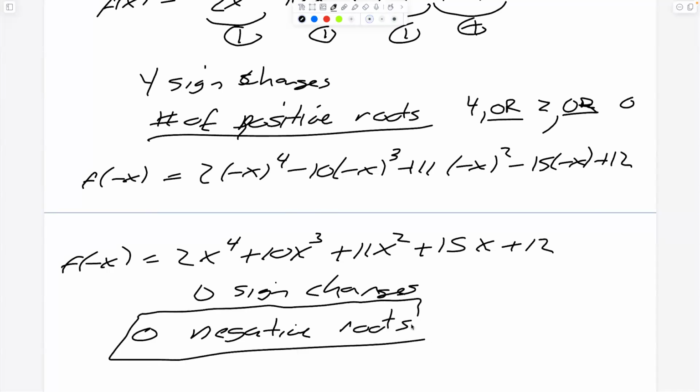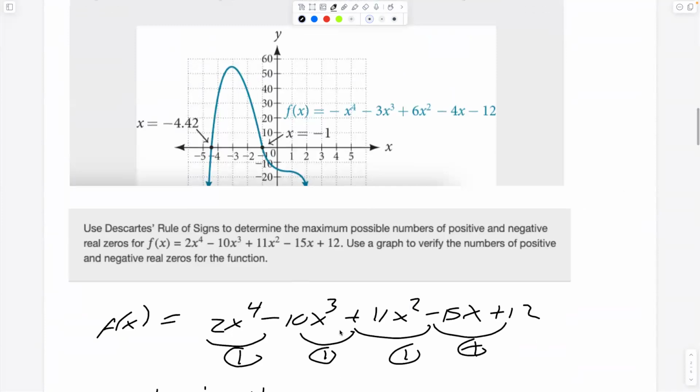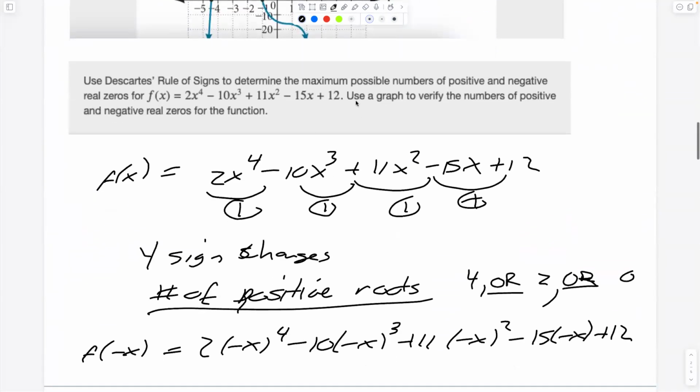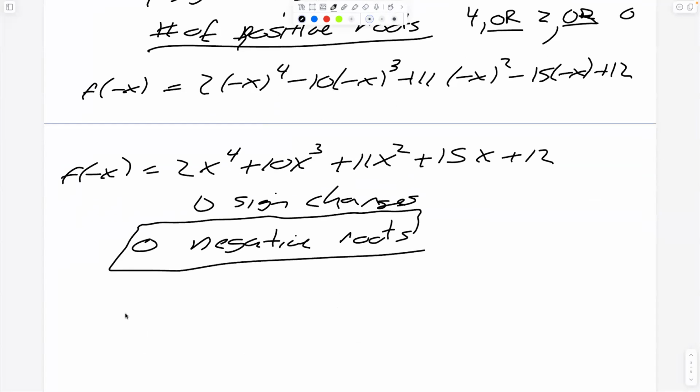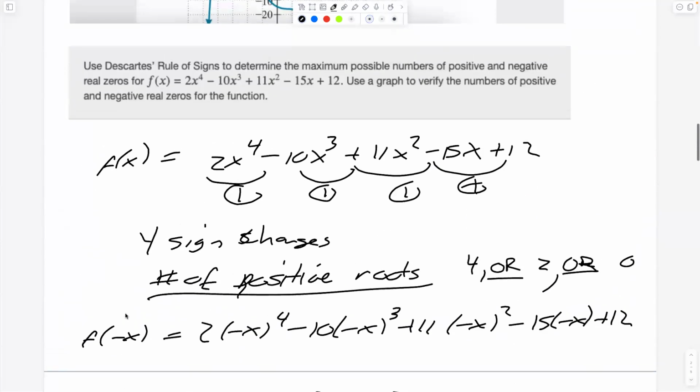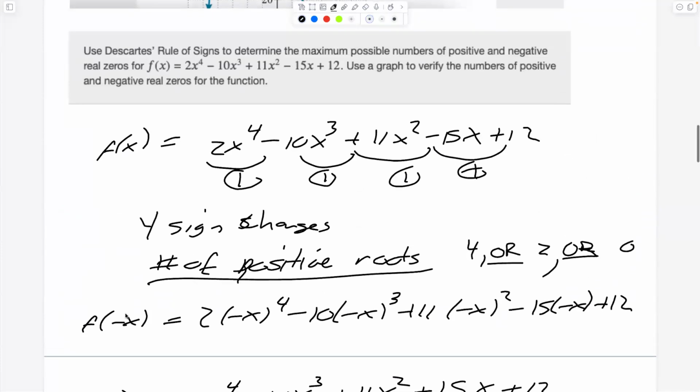So say I started with this guy and I was doing rational root theorem on it, and I listed out all the possible rational roots. Just using Descartes' rule of signs here, I know I don't even have to bother trying any of the negative roots. None of them are going to work. It's impossible. None of the negative roots will work. So I know I only have to try the positive ones.